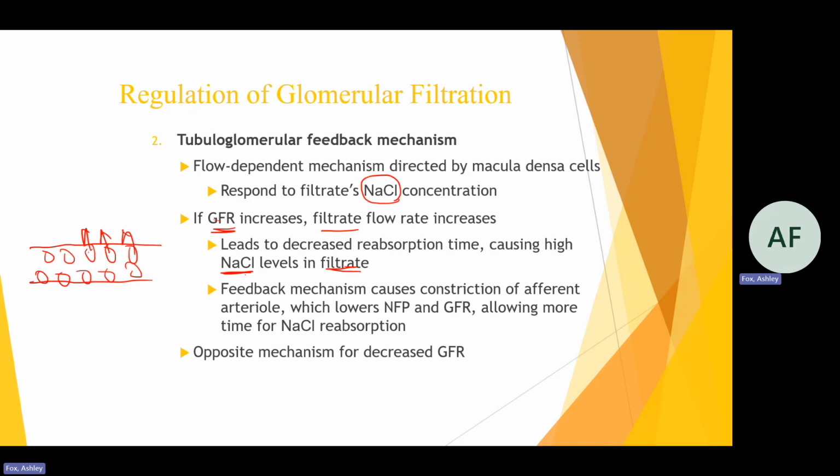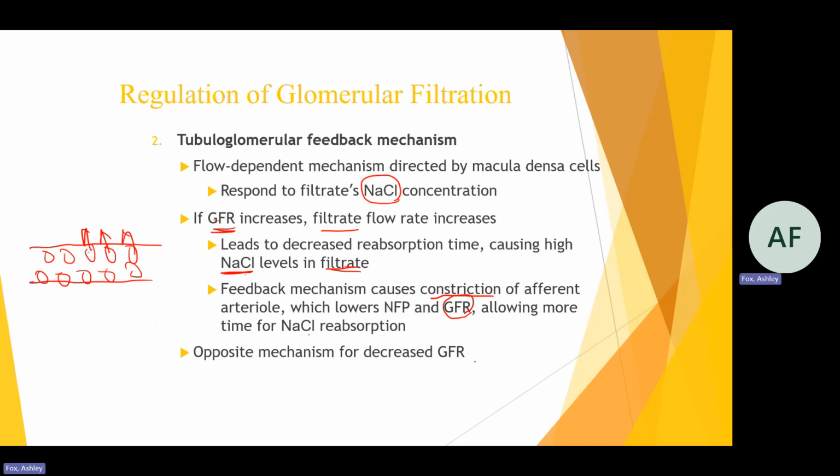So if the sodium chloride concentration increases, it is going to cause constriction of the afferent arteriole. Again, we looked at this with blood pressure, it's the same thing. It's going to decrease blood flow, which is going to decrease GFR back, so you have more time for sodium chloride reabsorption. The opposite is true.